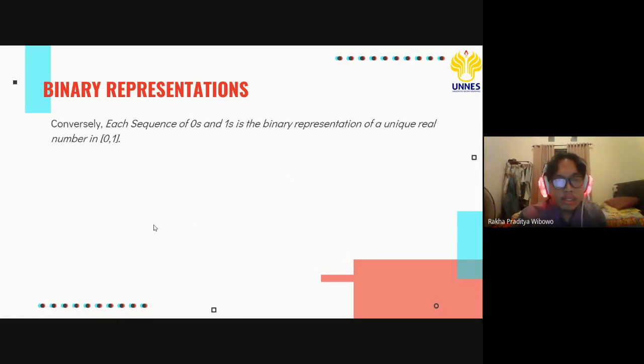Conversely, each sequence of zeros and ones is the binary representation of a unique real number in the closed interval 0 to 1.